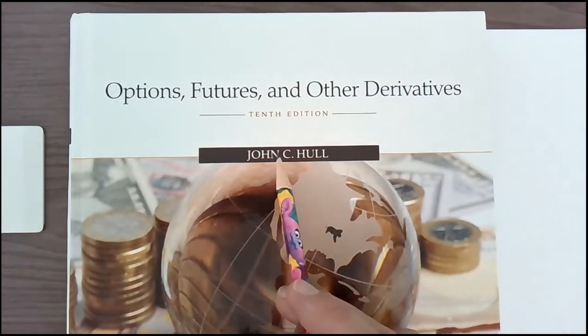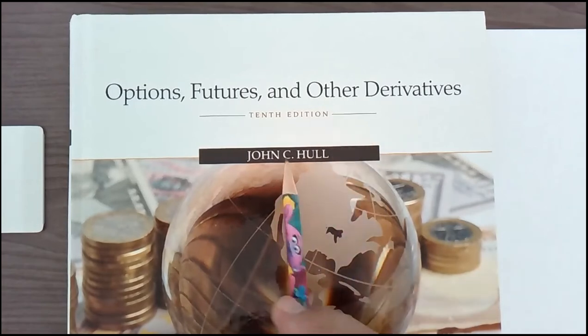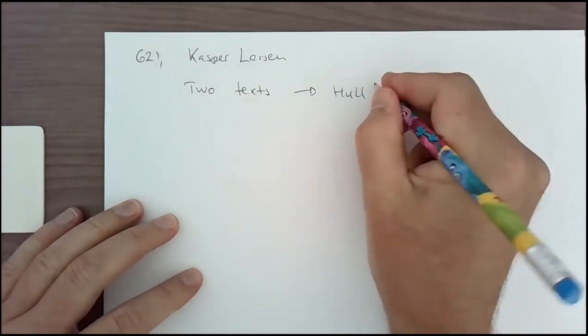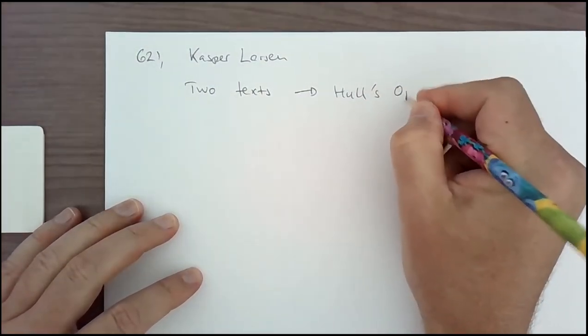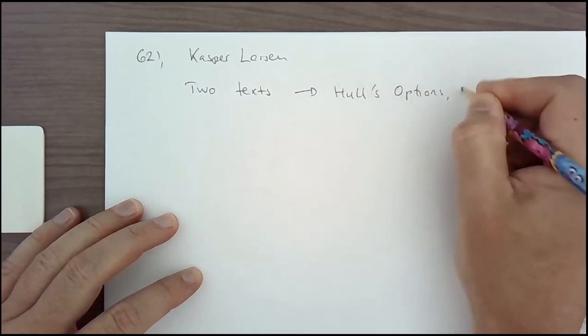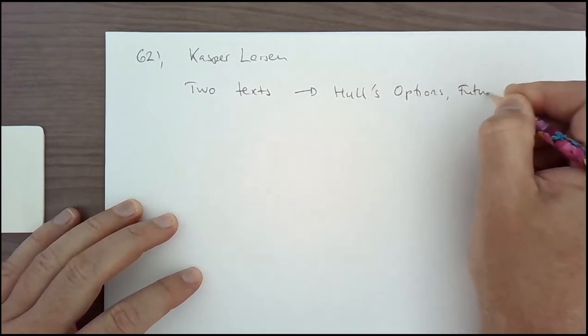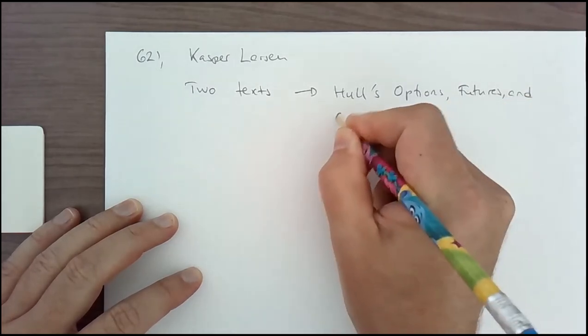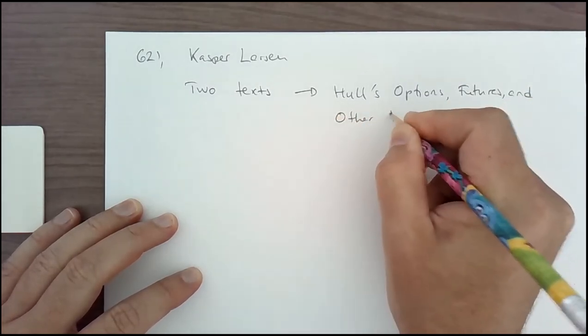John Hall has several books. The one you're going to be looking for is Options, Futures, and Other Derivatives. Let me write that down. This is Hall's Options, Futures, and Other Derivatives.